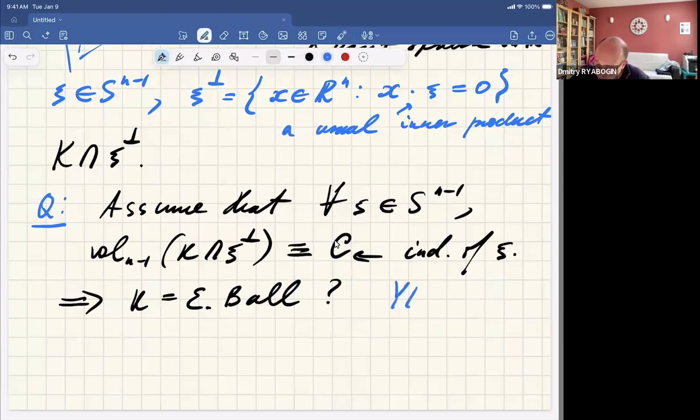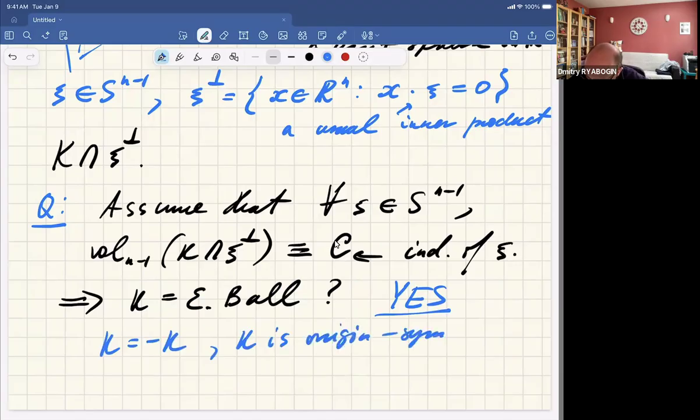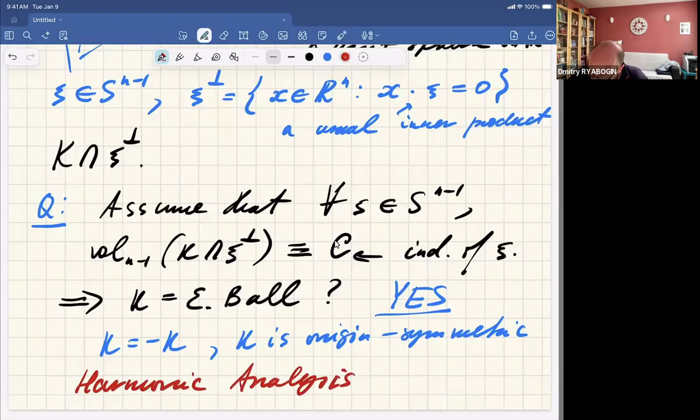It is known to be yes, provided, of course, K is equal to minus K, so K is origin symmetric. If K is not origin symmetric, this is false. And here is exactly where you need harmonic analysis.